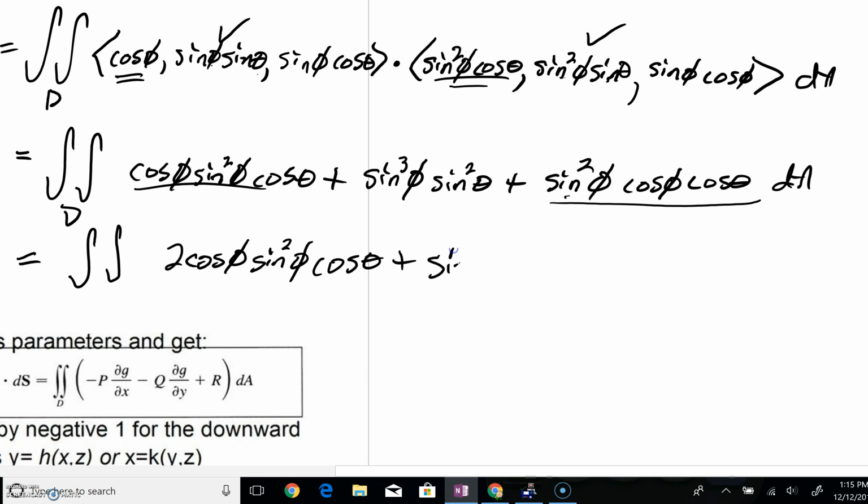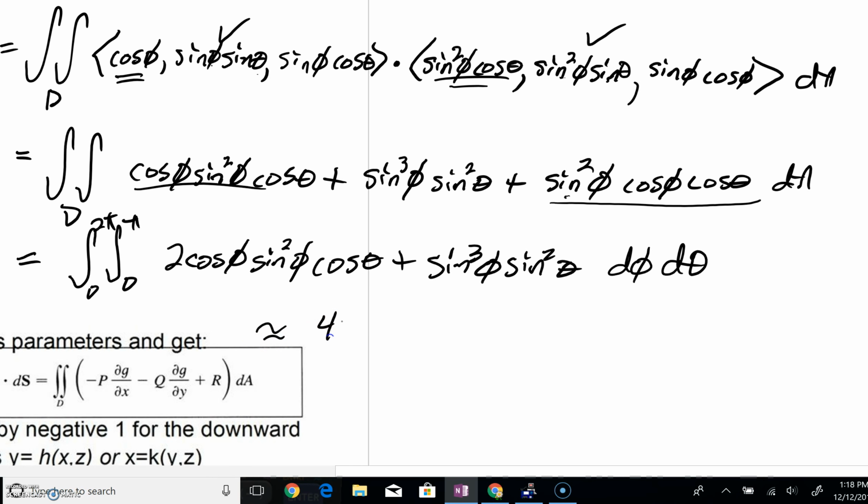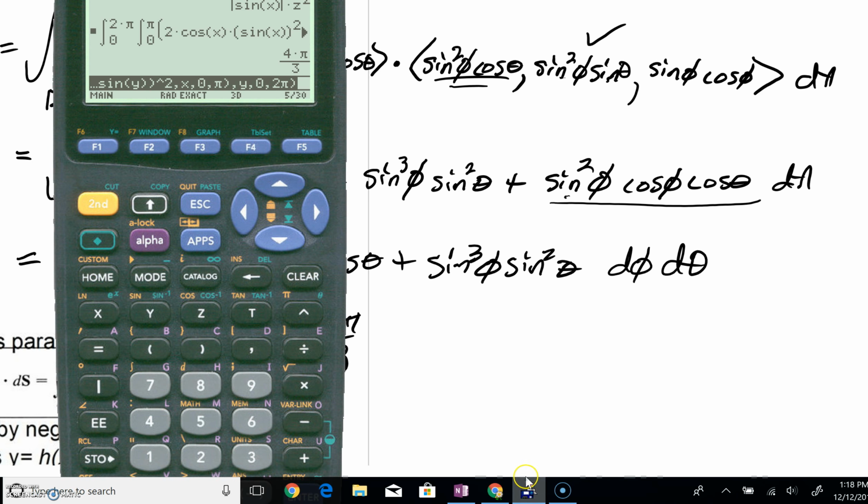And here's your sine cubed of phi, sine squared of theta. And really our d phi and our d theta, we know that phi is going to span between 0 and pi. Theta is going to go between 0 and 2 pi. And we're going to let the calculator work it out. Via the calculator, you should get 4 pi over 3. You can confirm that on the 89.